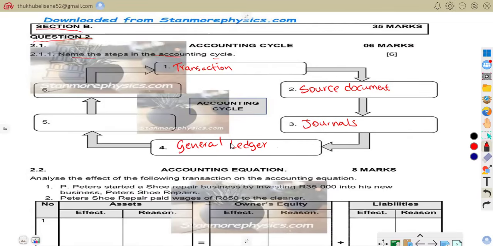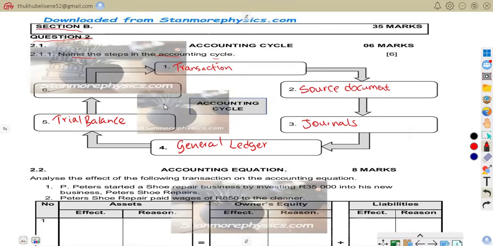The fifth one is the trial balance. With the trial balance, the balances of accounts are checked. The trial balance tests whether total debits equal total credits. If they are equal, it suggests entries were recorded correctly.